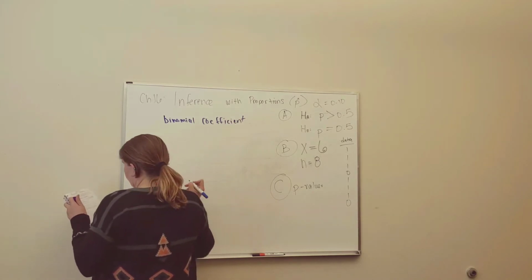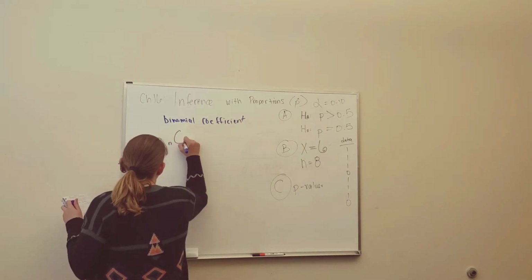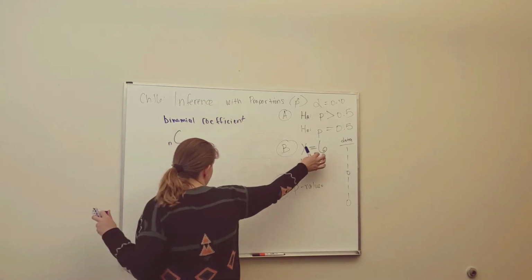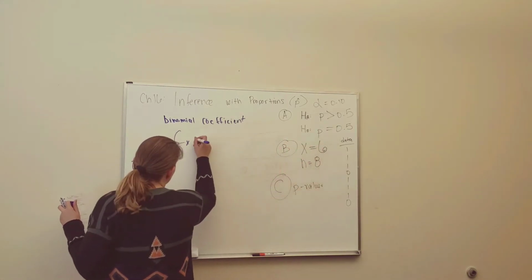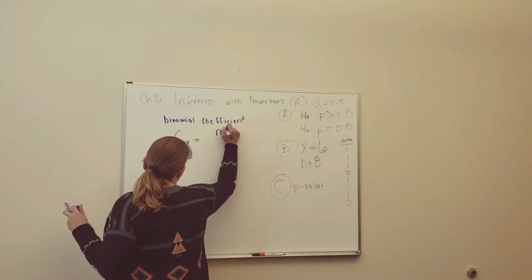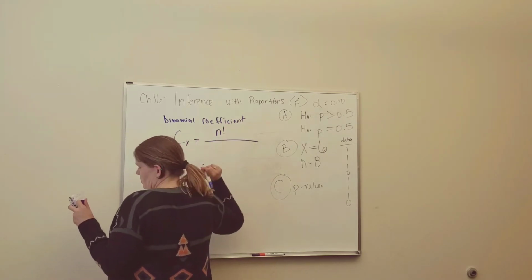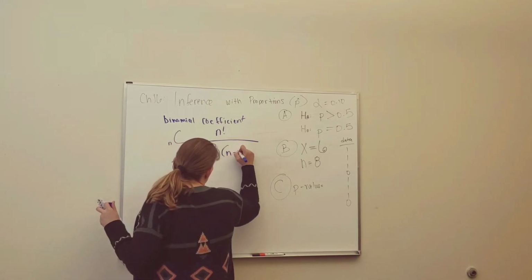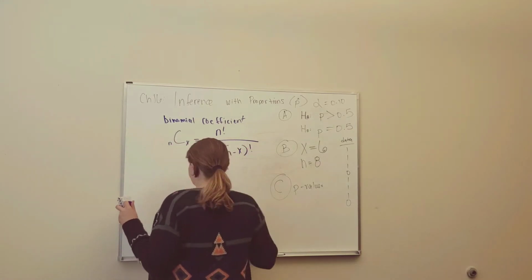The binomial coefficient is C for n, which is our sample size, and x, which is our observed success rate, equals n factorial over x factorial times (n minus x) factorial.